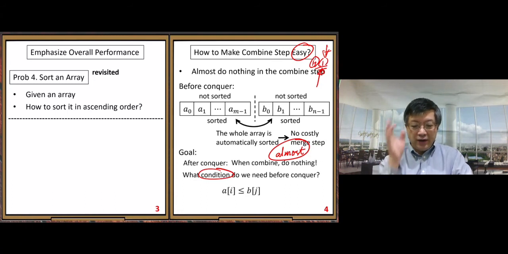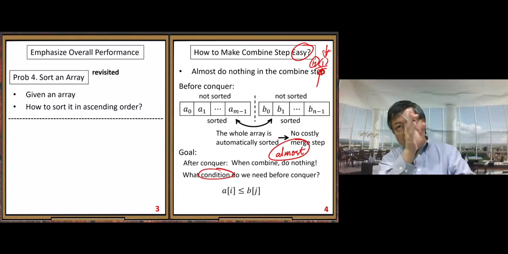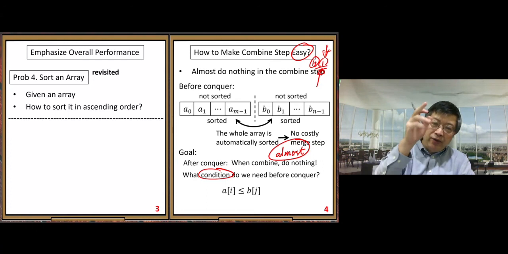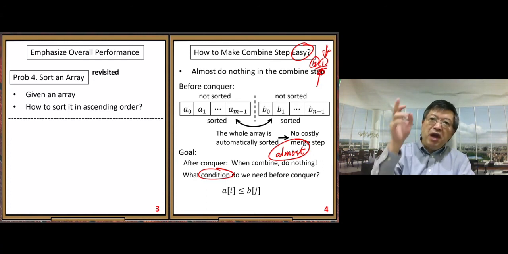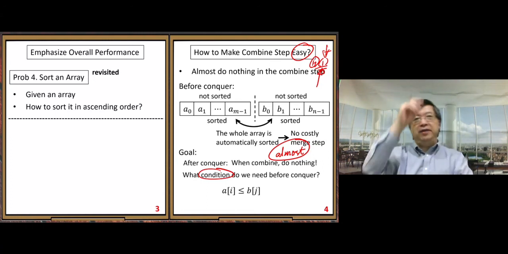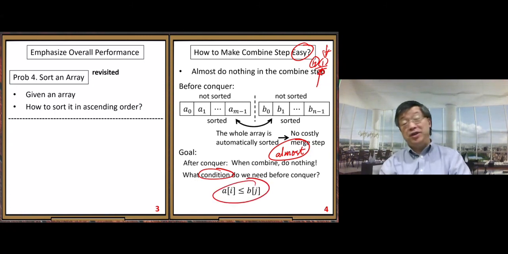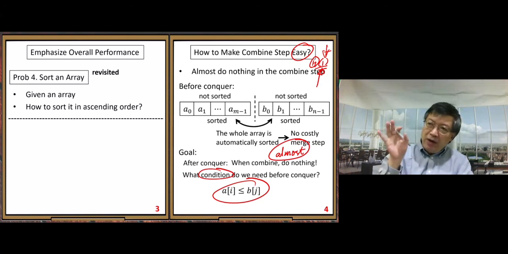Let me write here: A of i, the value of any element in A array, is less than or equal to the value of any element in B array. Or in other words, the maximum value in A array is less than or equal to the minimum value in B array.